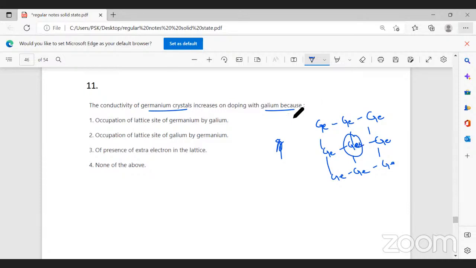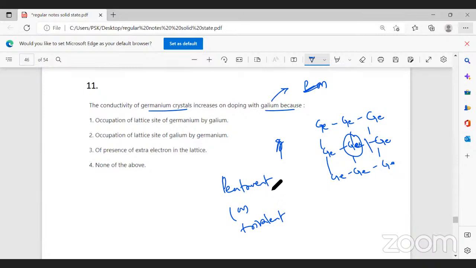Now, gallium can be pentavalent or trivalent. You can check that. Whether it's pentavalent or trivalent, one bond will break, therefore conductivity will increase. The semiconductivity of germanium will increase on doping.